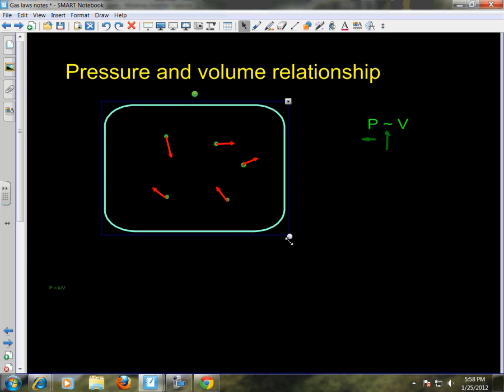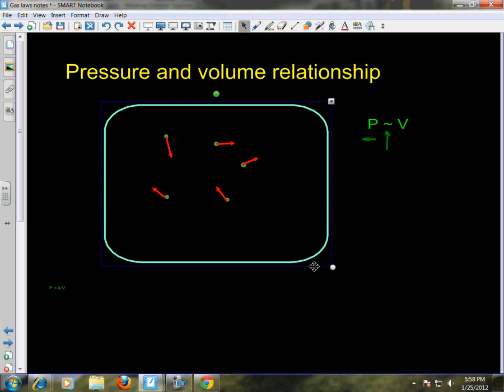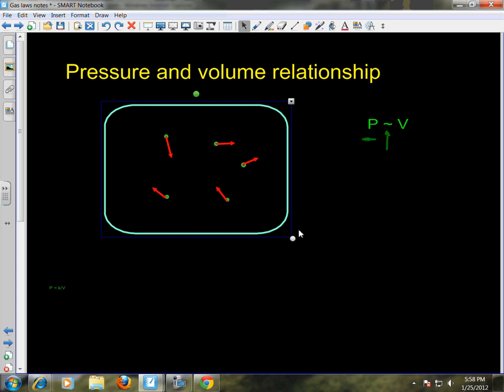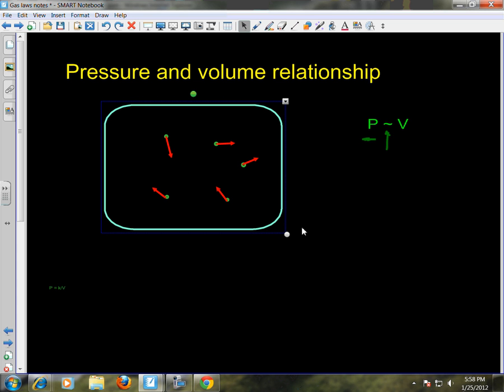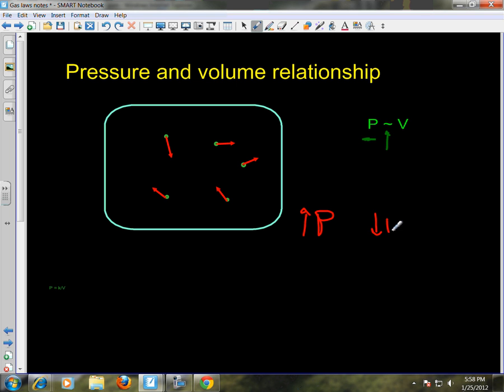As we drag this out, we realize that the larger the volume, the lower the pressure is going to be. That relationship is called an inverse relationship. As pressure increases, volume will decrease. Okay?